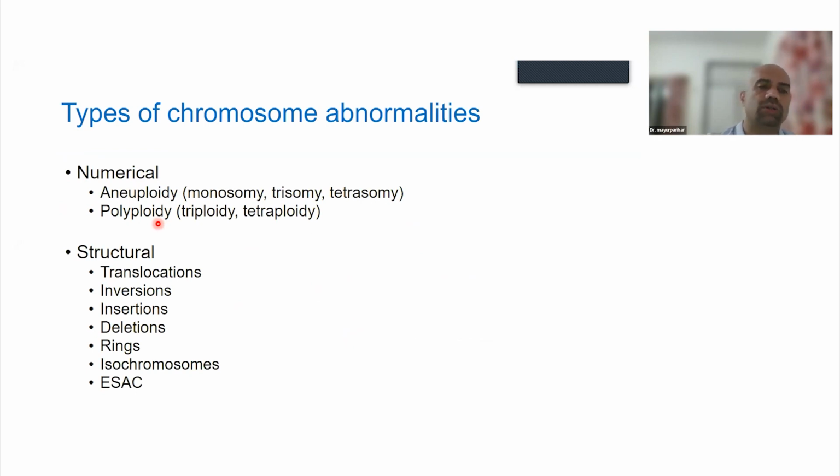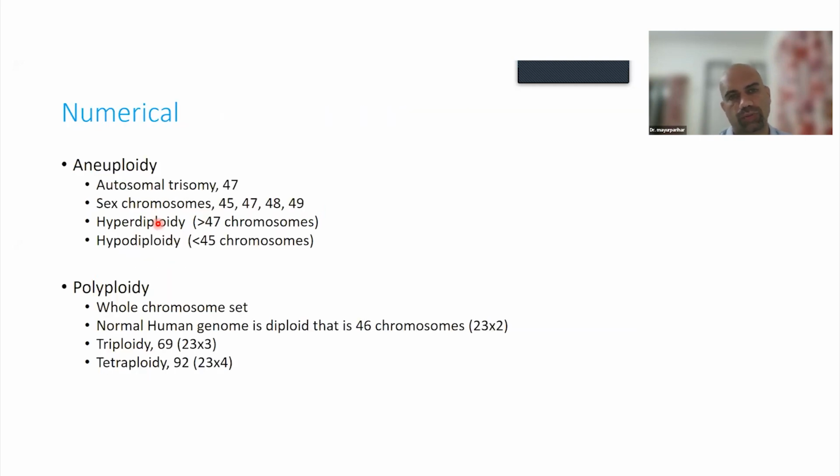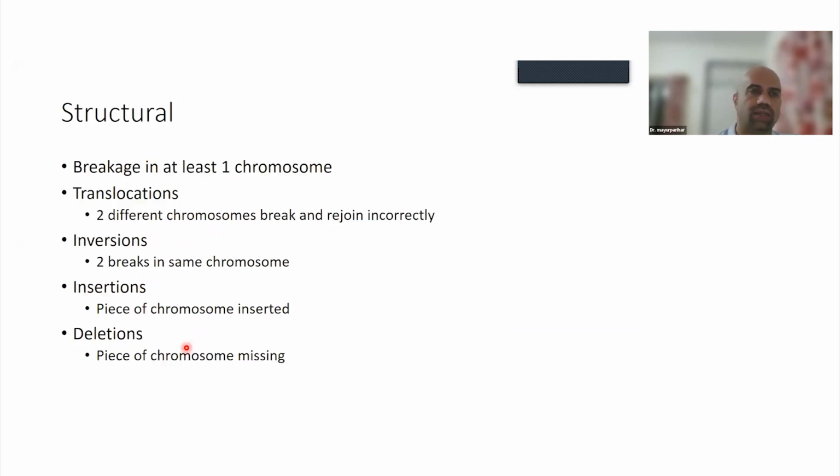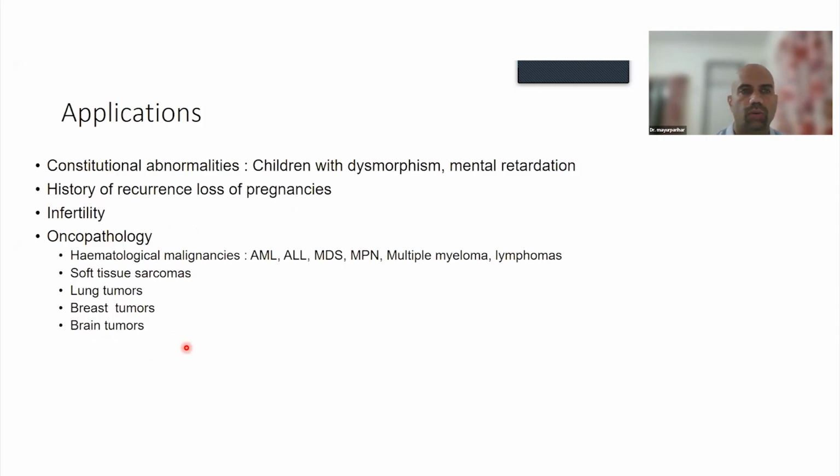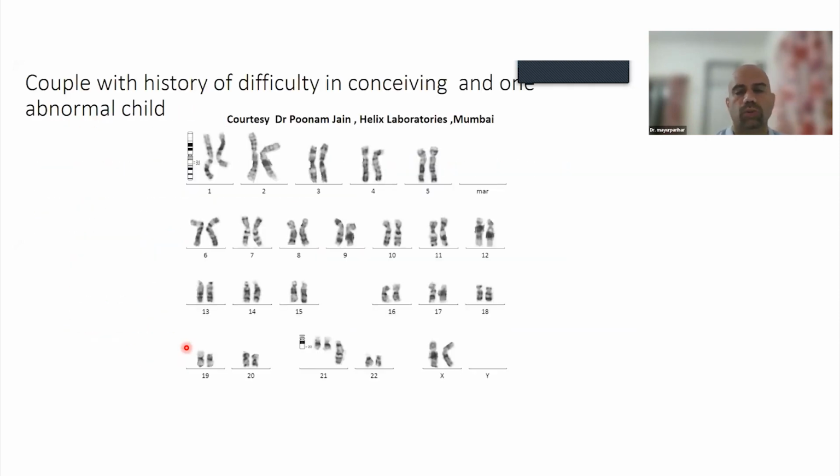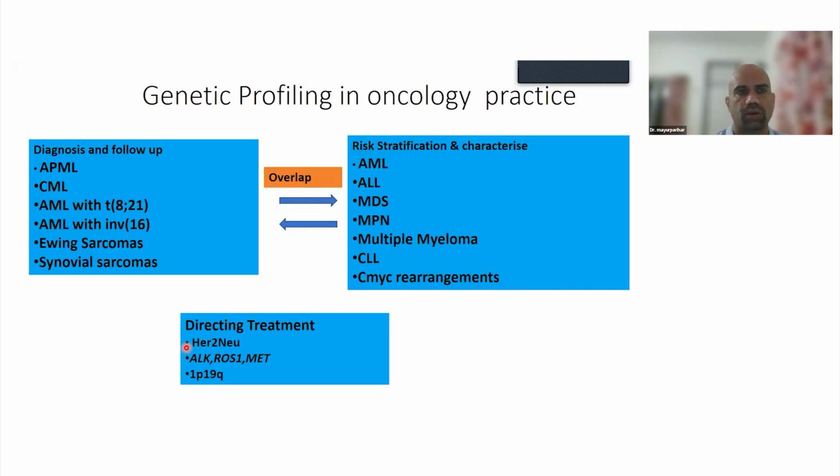The structural abnormalities include translocations, inversions, insertions, deletions, ring chromosomes, isochromosomes, and extrastructural abnormal chromosomes. Examples of aneuploidy are 45 or 47 chromosomes, and polyploidy, as I said, are 69 and 92.